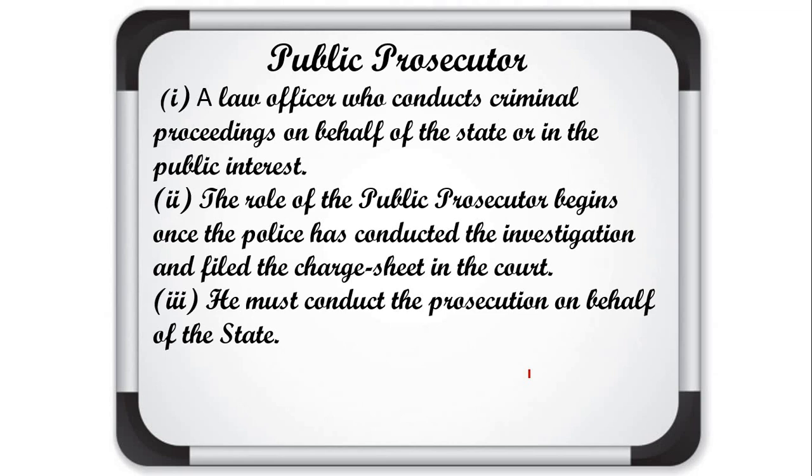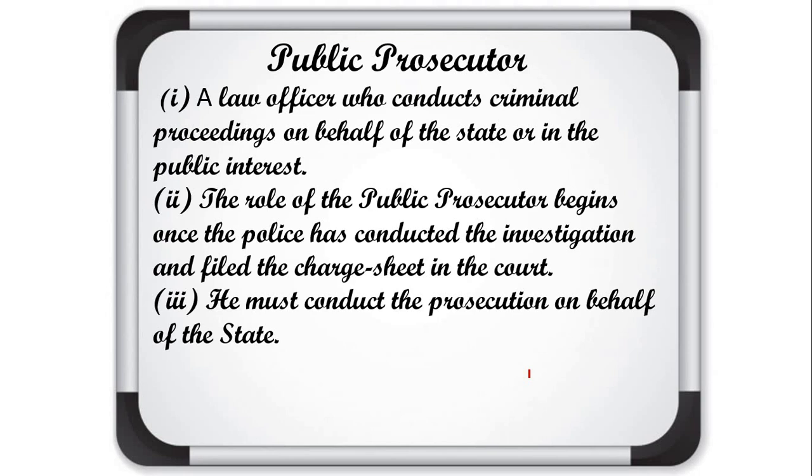I told you, one party is the accused person, whose lawyer is known as the defense lawyer, and the other party's lawyer is known as the public prosecutor. That party has no need to hire a lawyer; the lawyer is provided by the state.